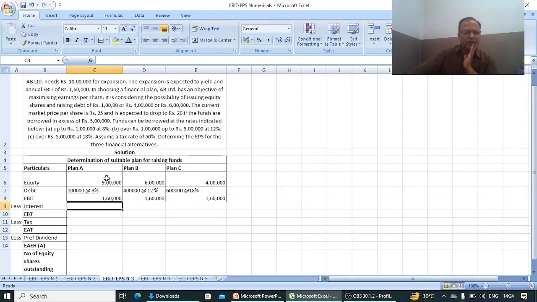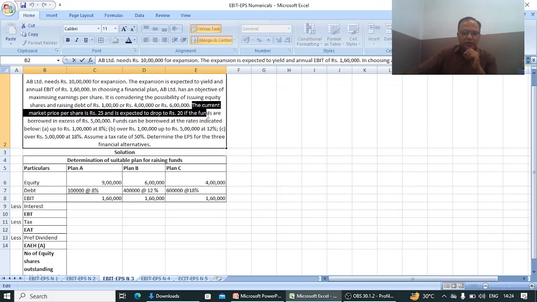Now let's write down the adjustment of equity as well. It is given in the question that the current market price is rupees 25 and is expected to drop to rupees 20 if funds are borrowed in excess of rupees 5 lakh. It means if borrowings exceed rupees 5 lakh, then price will be rupees 20.